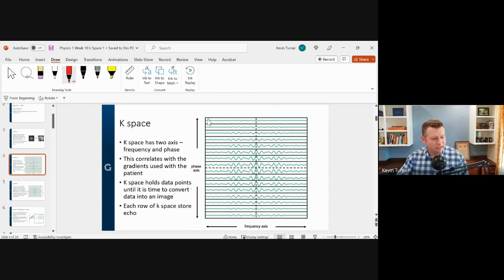So each one of these teal lines here is one echo that was collected out of the patient. Right? So the first time we did a 90-degree excitation pulse, we filled up a line of K-space, and then we kept going till we filled up all of K-space, and then the image is done.